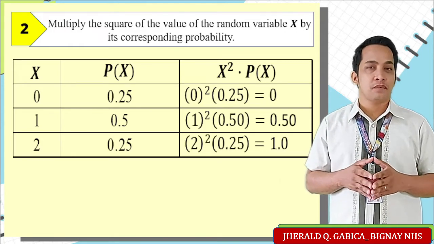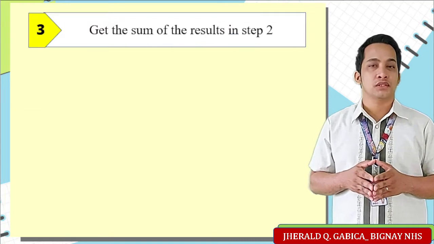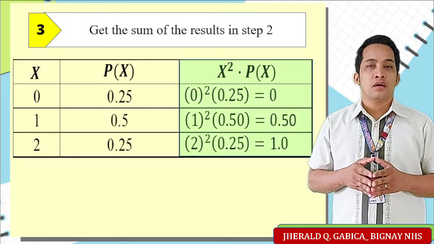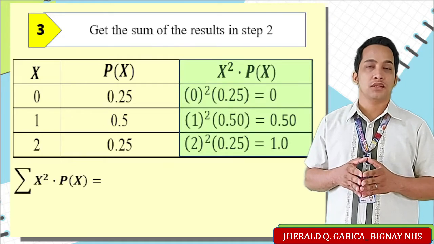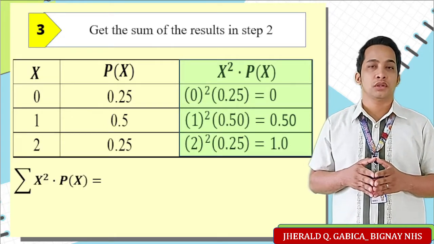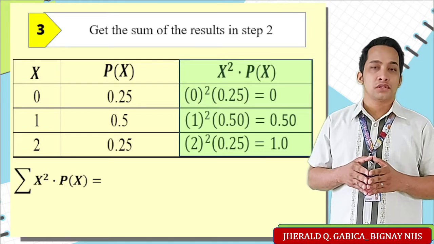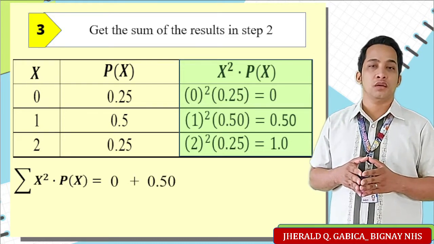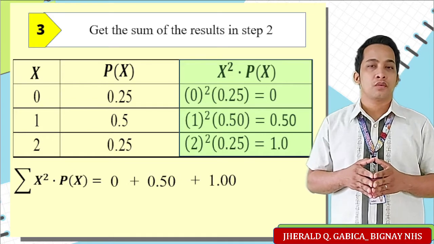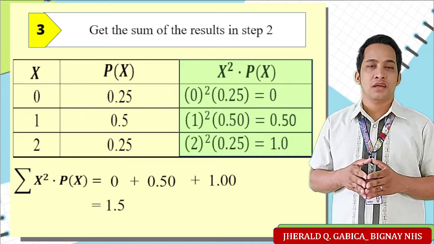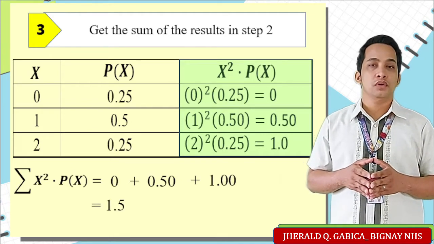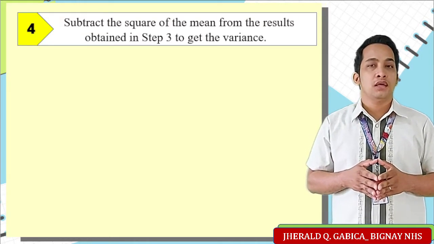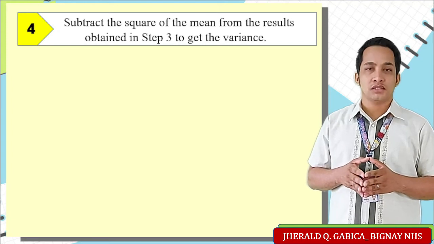And then the third step is to get the sum of the results in step 2. So we have the summation of x squared times p of x is equal to 0 plus 0.5 plus 1. So that is equal to 1.5. And our last step is to subtract the square of the mean from the results obtained in step 3 to get the variance.